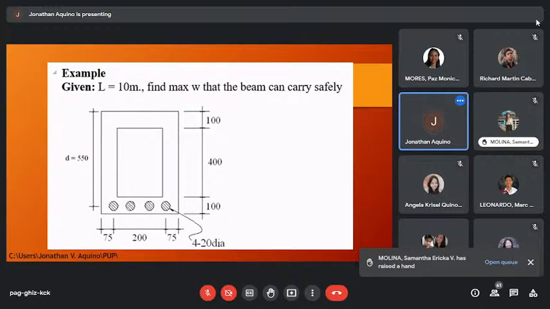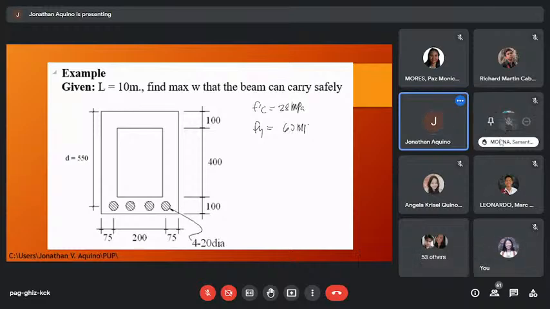Okay? So with given values, assume that f'c is 28 megapascal and fy of, let's say, 60 ksi, grade 60.